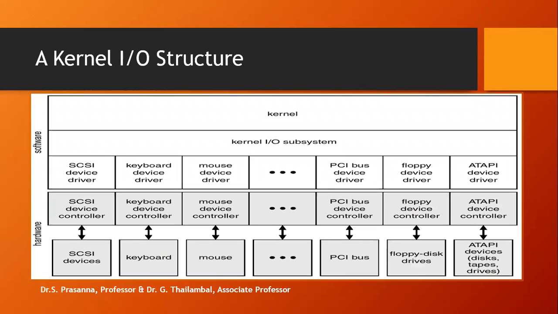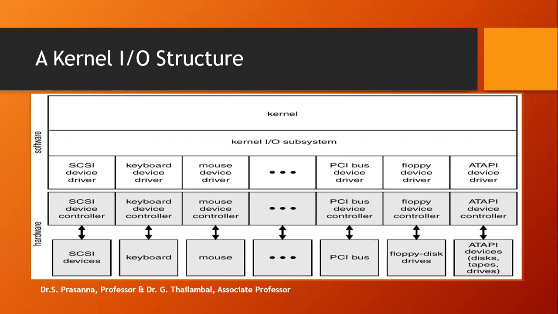A kernel IO structure is depicted in this diagrammatic representation. At the end you have hardware devices like SCSI devices, keyboard, mouse, PCI bus, floppy disk drives, ATAPI devices. Above, you have the kernel and a software called the kernel IO subsystem.